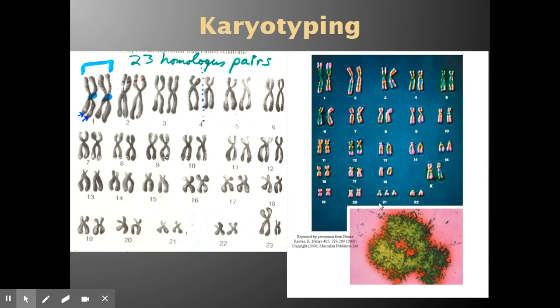But then down here we see that we have 3 number 21s. That means that this person has a genetic disease. If anybody knows what that is, this is where we have 3 21s. It's also called Down syndrome.